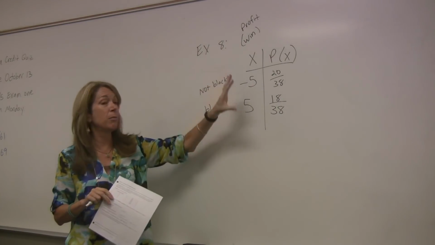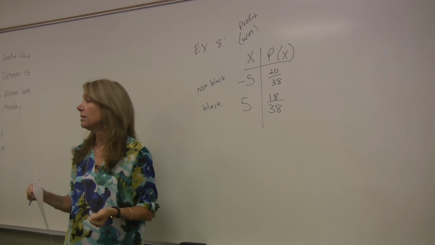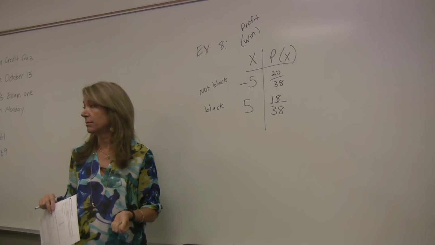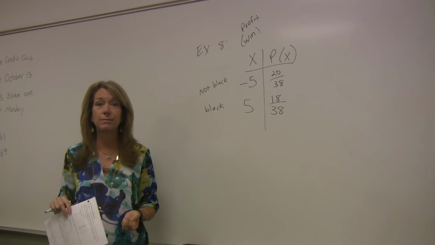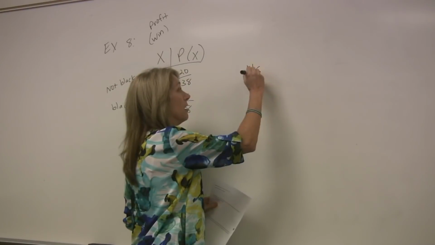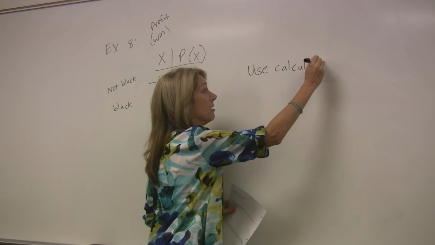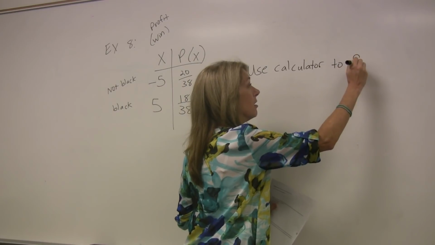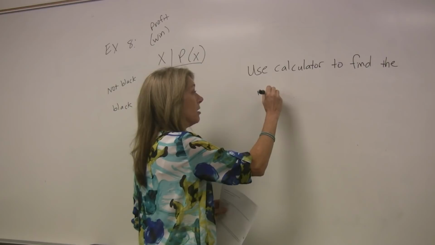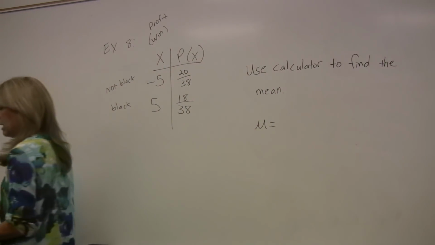So we've created our table, and we want to know what the expected value is. What should I do? Put it in the calculator and find the mean. See if we can all punch that in there correctly.